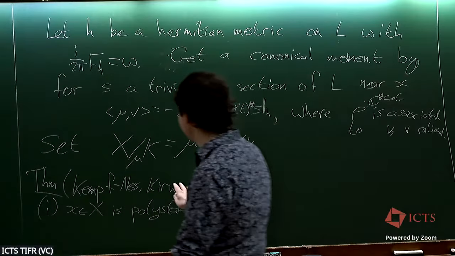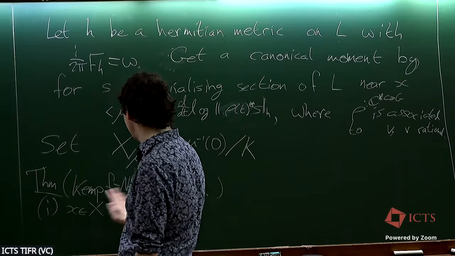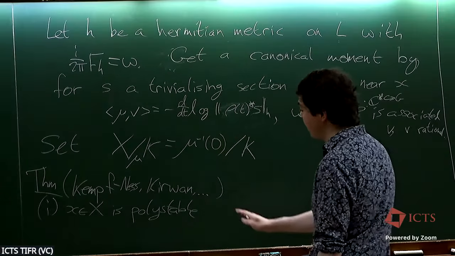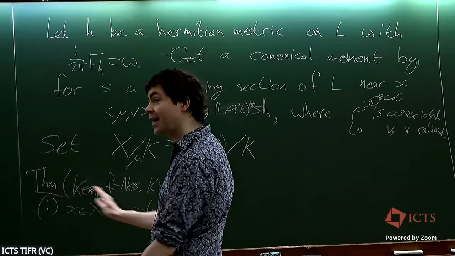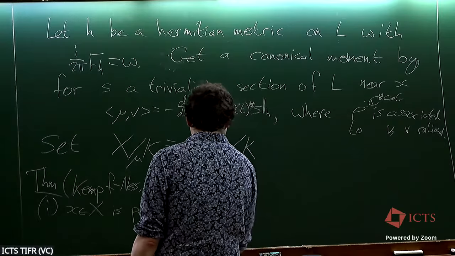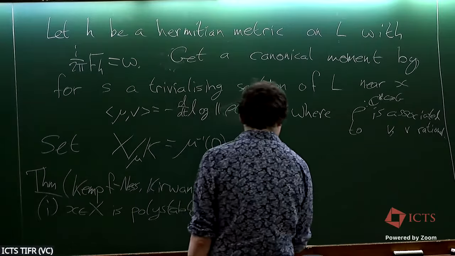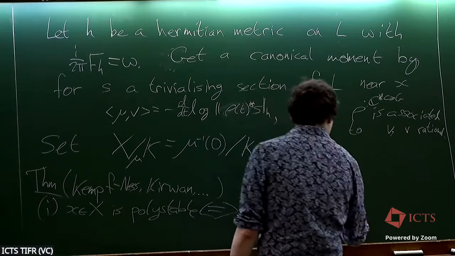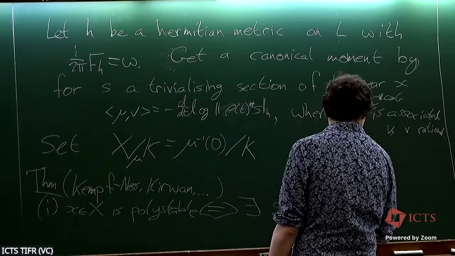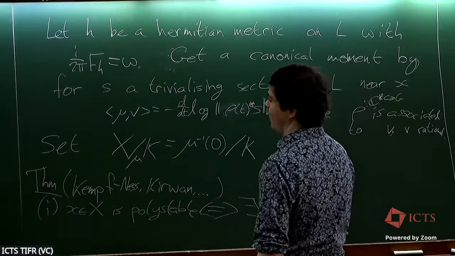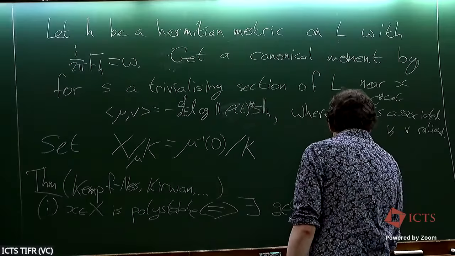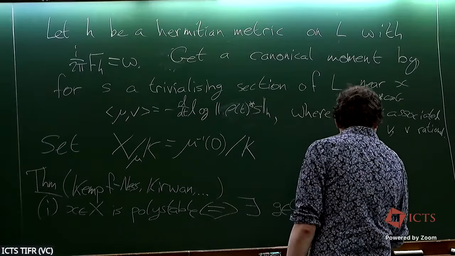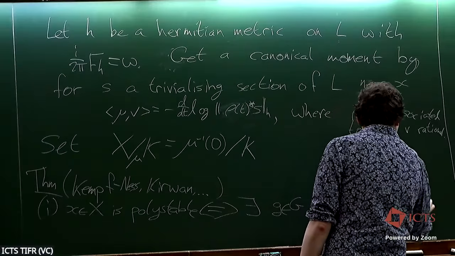Okay, so going back to the connection between the algebraic geometric quotient and the differential geometric quotient, the first result is that polystability, this algebraic geometric condition, is equivalent to the existence of a g in G with our moment map mu of g of X being 0.